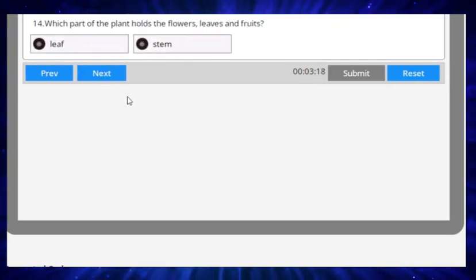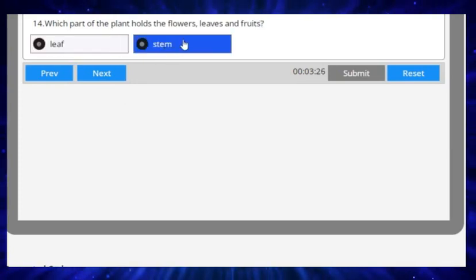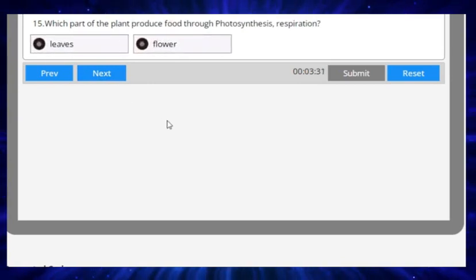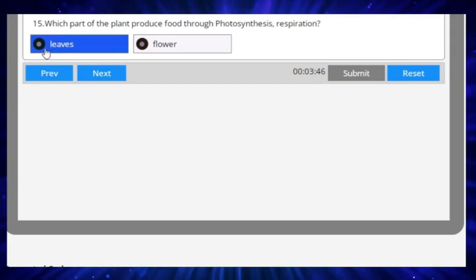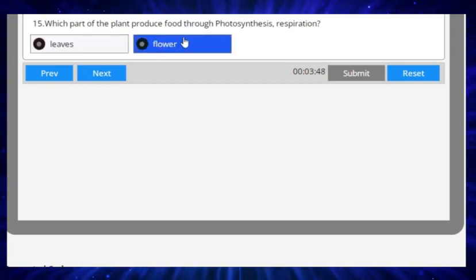Number 14. Which part of the plant holds the flowers, leaves, and fruits? Is it the leaf or the stem? Number 15. Which part of the plant produces food through photosynthesis? Is it the leaves or flower?